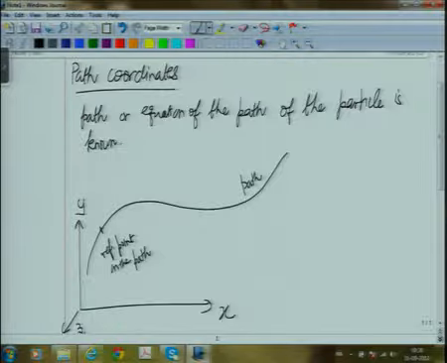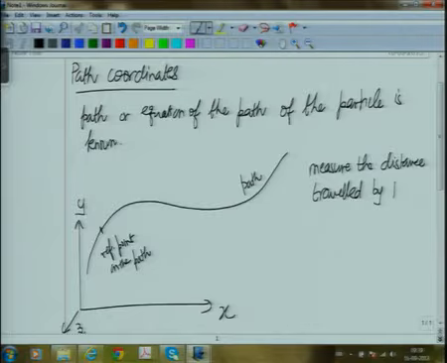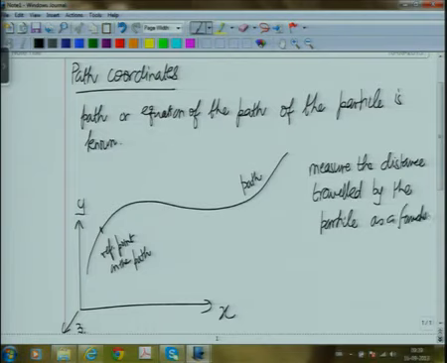And then what we measure? We measure the distance travelled by the particle as a function of time.